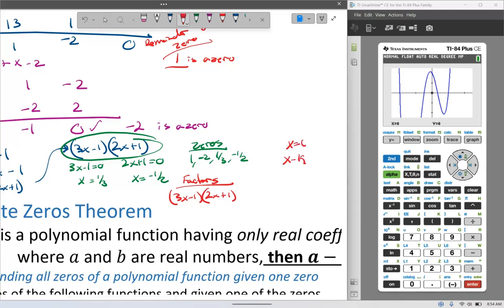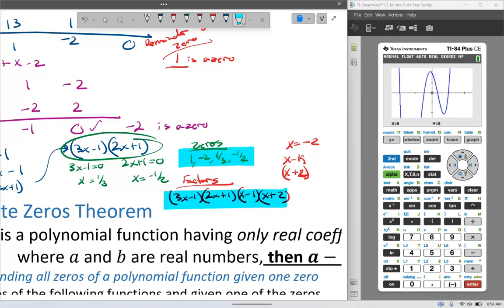So k equals 1, x minus k is a factor. That means that x minus 1 has to be a factor. If k is -2, which is our other 0, then that means that x plus 2 is our other factor.